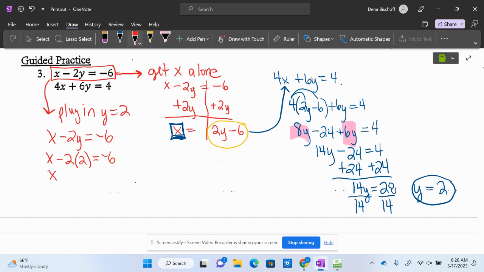What is -2 times 2? X minus 4 equals -6. Add 4 to both sides, and x equals -2. So my solution is -2, 2.